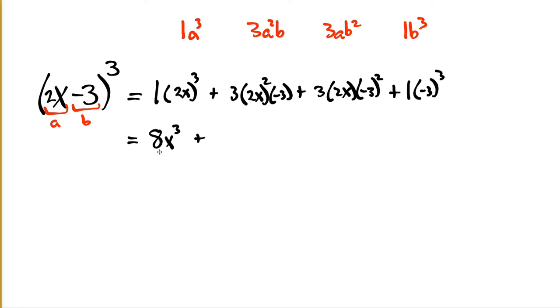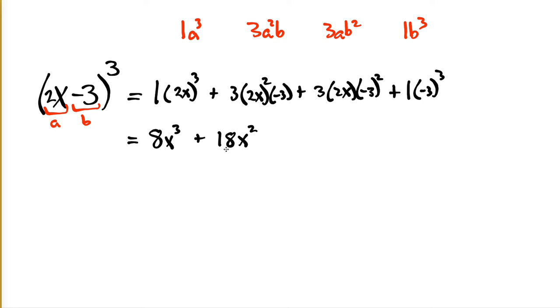Let's go with Grant. Grant, did you figure out this second term? It would be 18x squared. Okay, how come? Not saying you're right or wrong, just where did you get it from? We'll multiply the 3 by 3 and by 2.